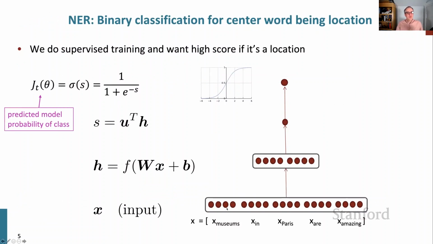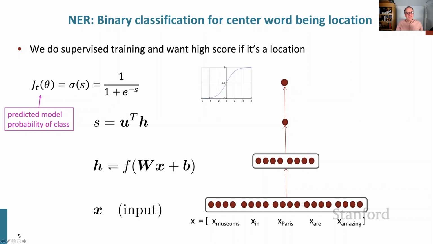So its input will be this word window. If we have d-dimensional word vectors, this will be a 5d-dimensional vector. And then we're going to put it through a layer of a neural network. The layer of the neural network is going to multiply this vector by a matrix, add on a bias vector, and then put that through a nonlinearity, such as the softmax transformation that we've seen before.